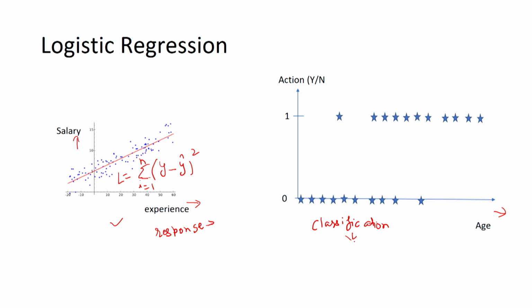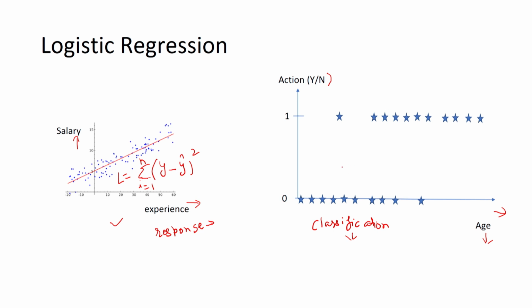So, this is a problem of classification, and here your predictor is age and your response variable is action, and there are only two values in this action, y or n, yes or no. When we plot this data set, those persons for whom action is 0 will be plotted here, and for other persons who took the action, those will be plotted here.